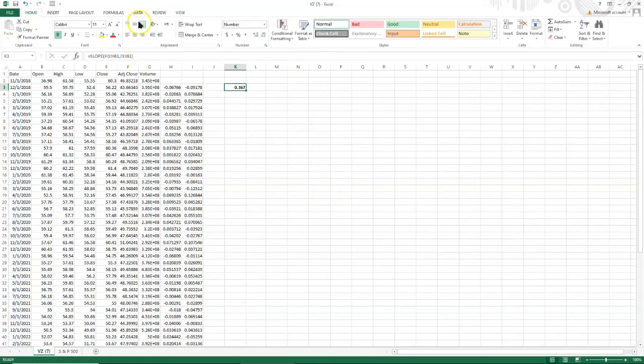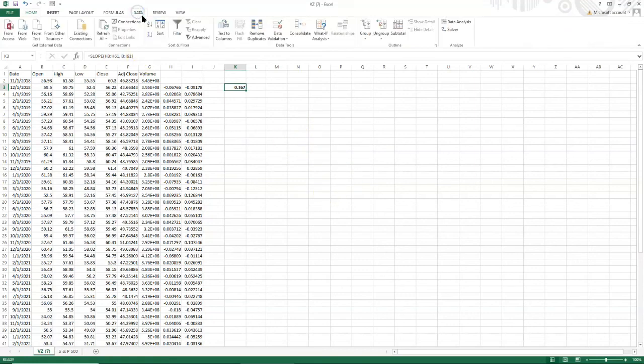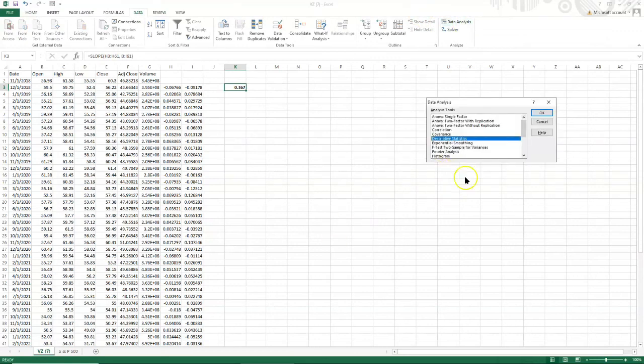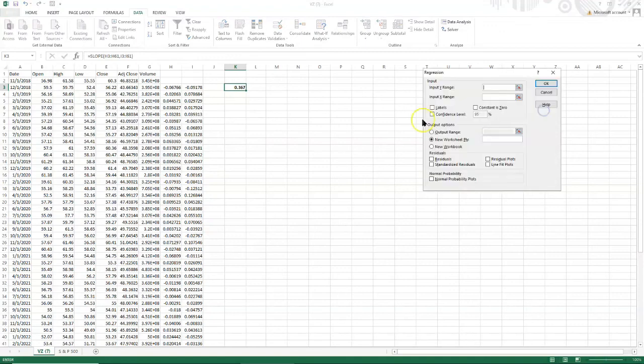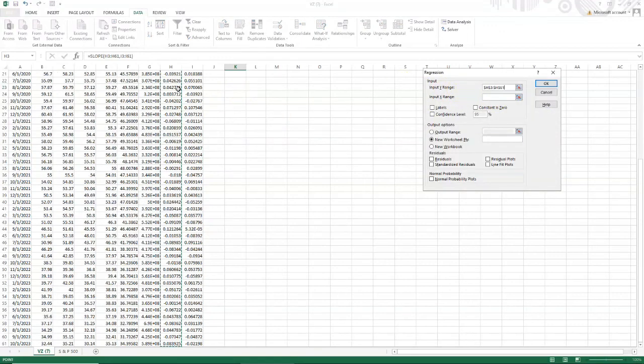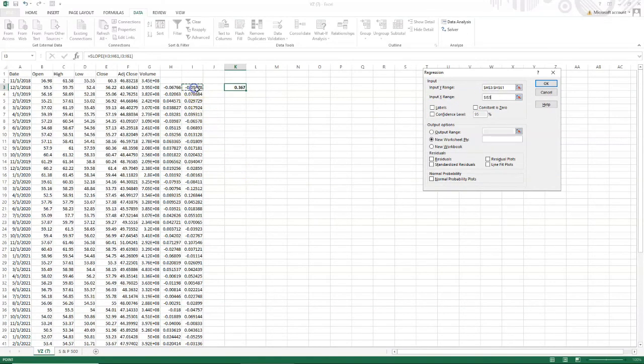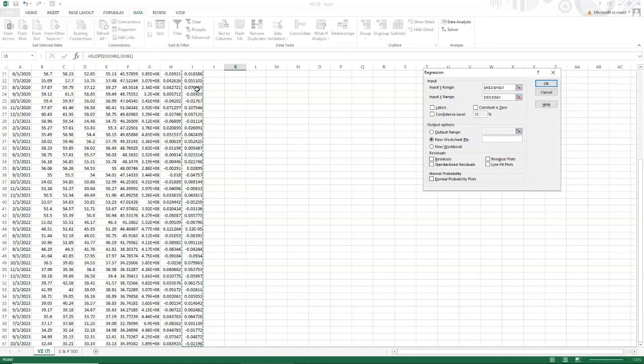There is another way using regression. We go to data analysis. By the way, regression is part of the quantitative methods, which is part of the level 1 syllabus. Regression. Then the y range is this, which is the stock, and the x range is the stock market.